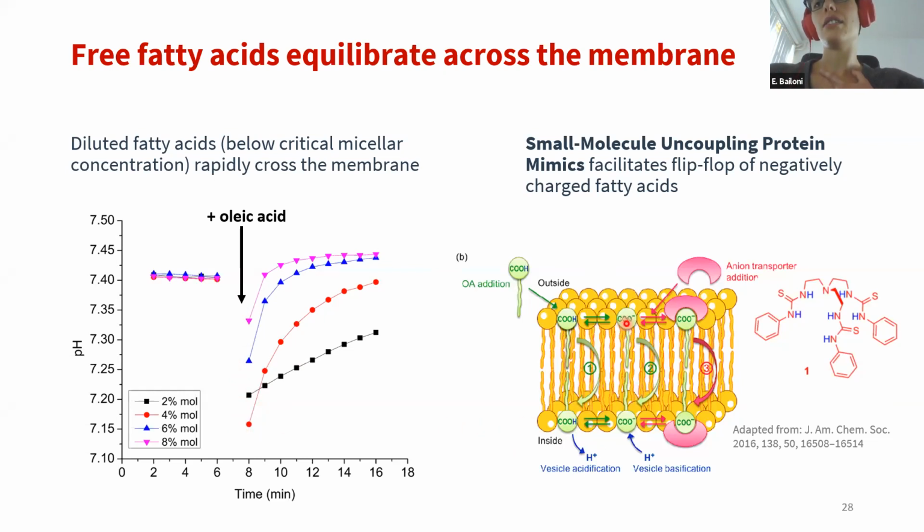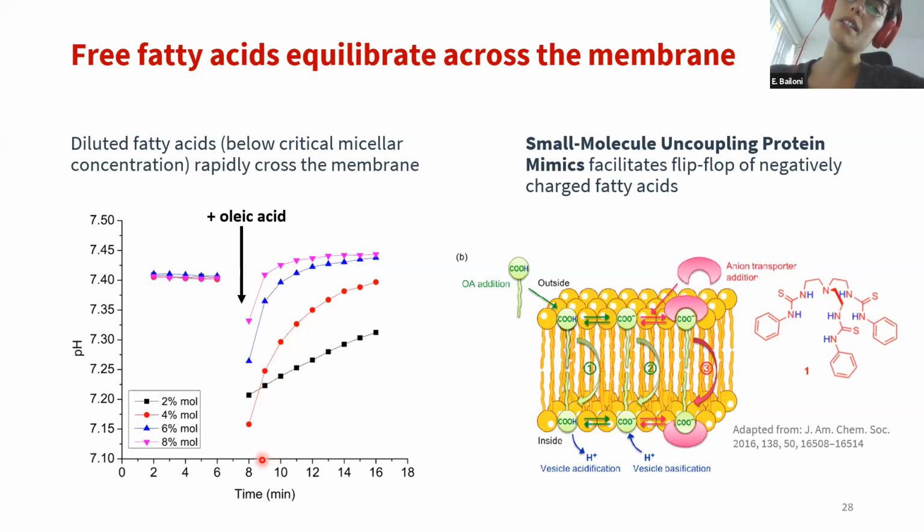And then the second mechanism is diffusion of the negative form of oleic acid, and this is much slower because, of course, the negative charge doesn't want to diffuse so well through the lipid bilayer. You can see that this happens much slower.